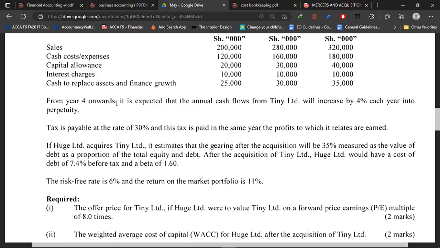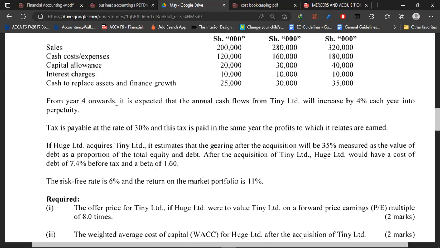In this aspect, I have to focus my attention on the calculation of the net cash flows. Because when I see this question, the examiner has already given you the sales, the expended capital allowance, the interest, and the cash to replace assets and finance growth. So those are things that we have to base our argument on and look at how they are applicable.